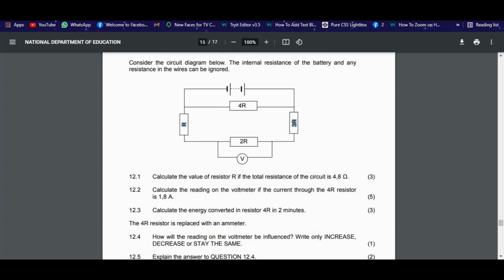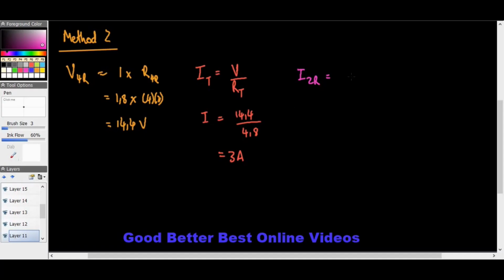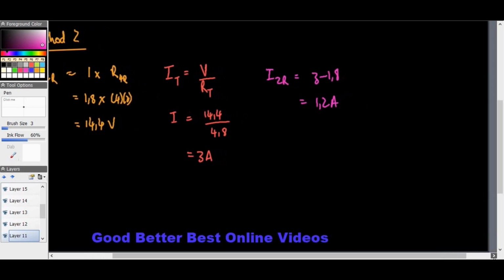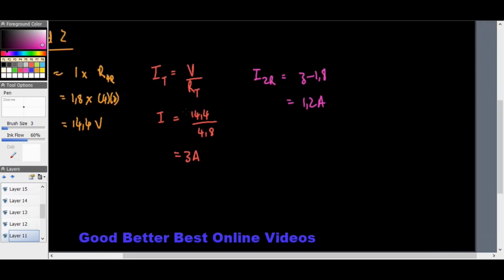Okay. So the current going through there is 3 minus 1,8, of course. We calculate that to be 1,2 amps. Okay. Now we use the same formula.